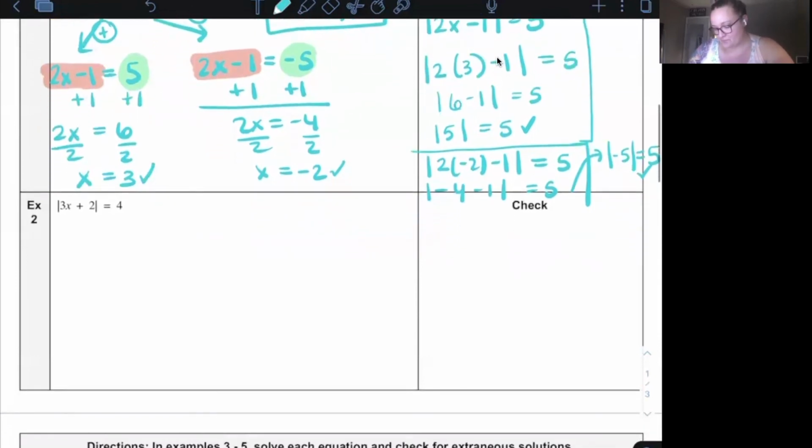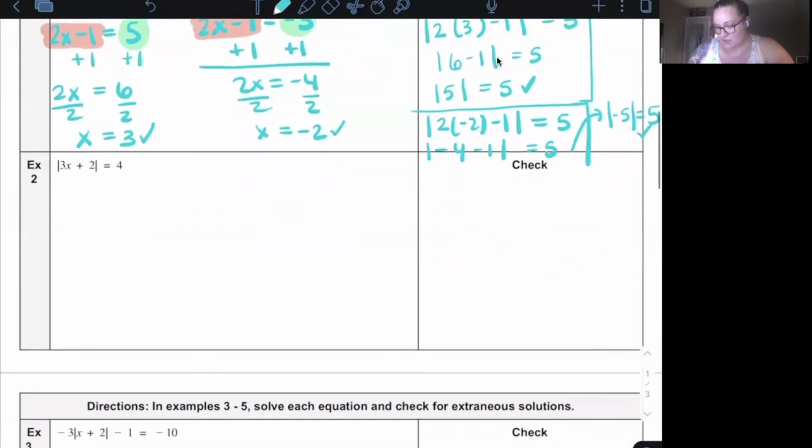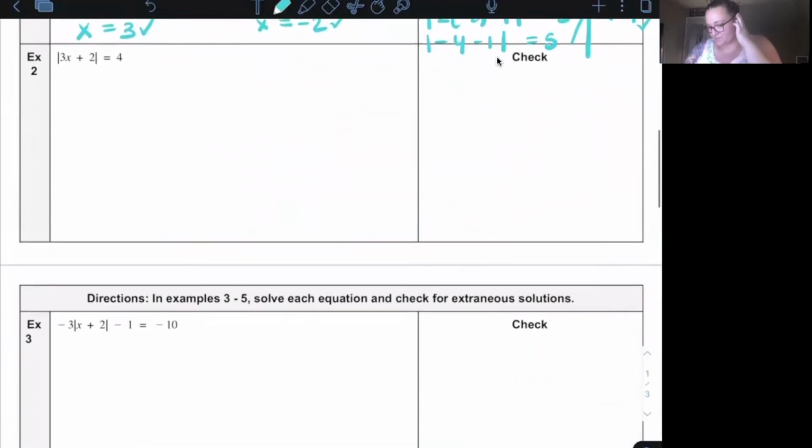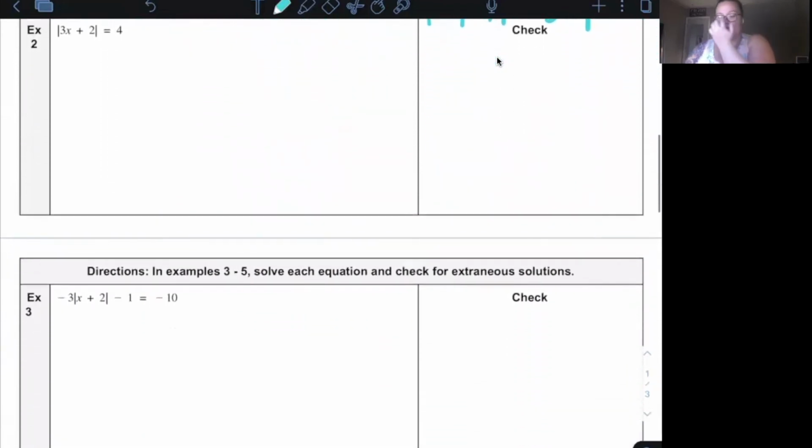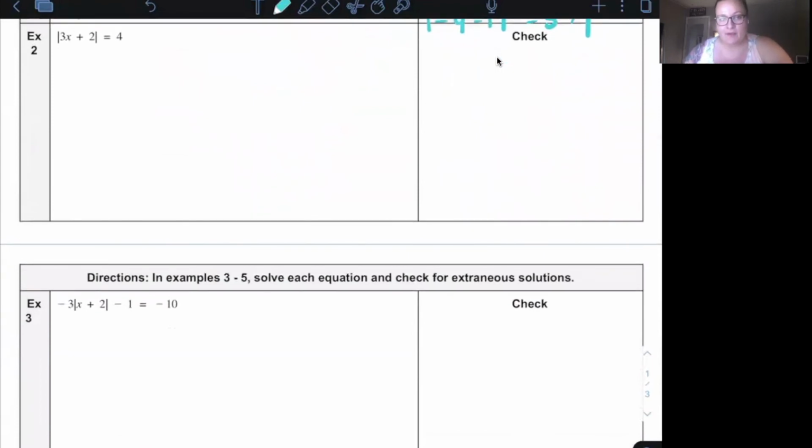For example 2, I'm going to help you get set up, and then I want you to solve it on your own. So remember, when we solve an absolute value equation, we have to separate it into two equations because we need to find two separate answers. So first of all, you make sure the absolute value is isolated on one side, which it is. Then you're going to split it into the positive and the negative version.